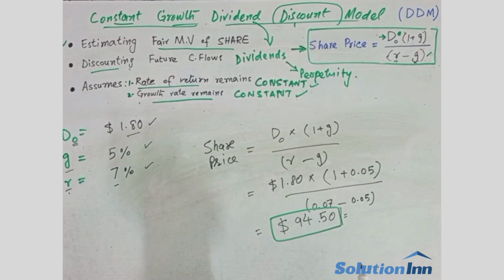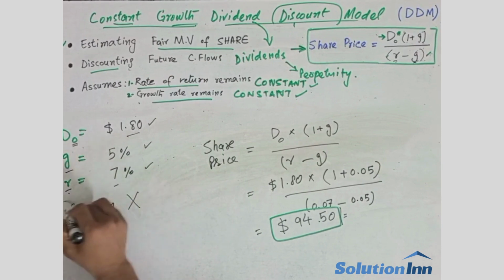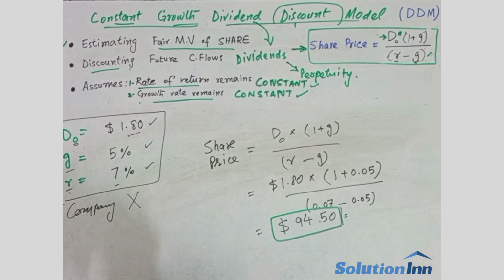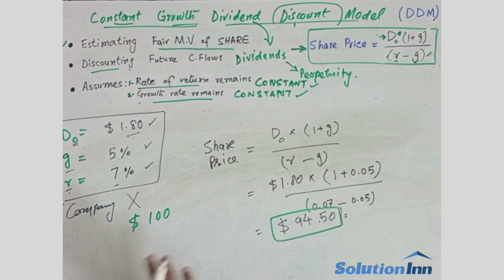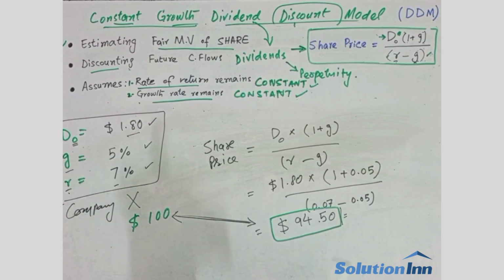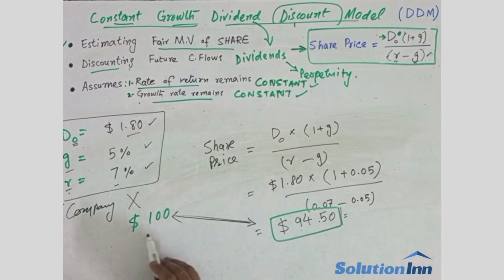So a shareholder who wants to invest in a specific company, let's say company X, this is data for company X. Company X has offered you a share that is currently being traded at $100, and the shareholder compared it with the value calculated using the constant growth dividend discount model of 94.5, whereas it is actually traded at $100 a share.